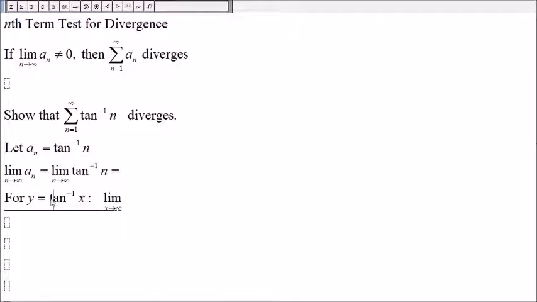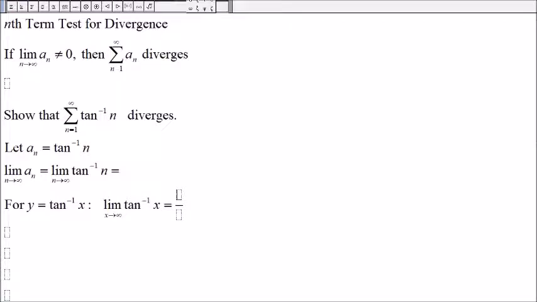Then the limit of this function right here is equal to pi over 2, meaning as x approaches infinity, the y approaches pi over 2.